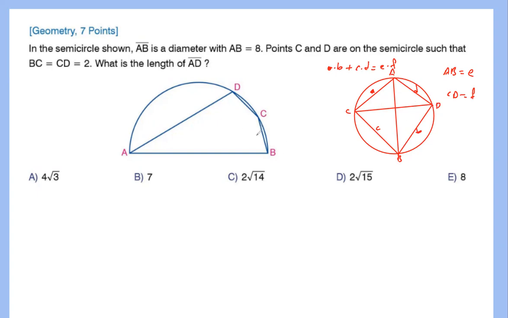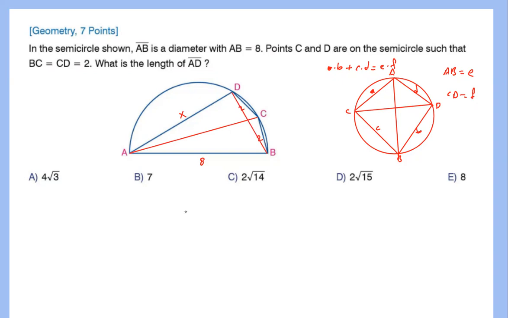So why is this important? Because we know that this is 2, this is 2, and this is what we want, and this is A. But we don't know the diagonals. Maybe we should connect those. And also we need to have this as well.